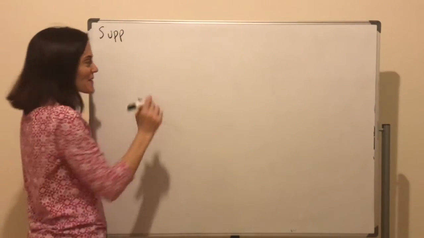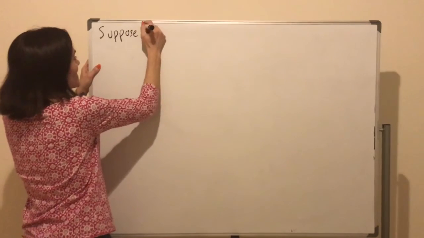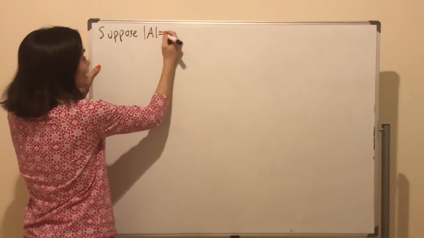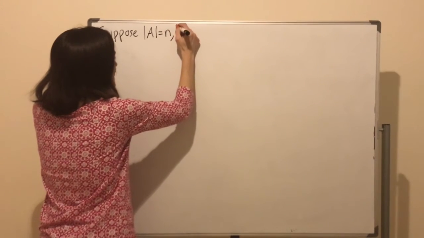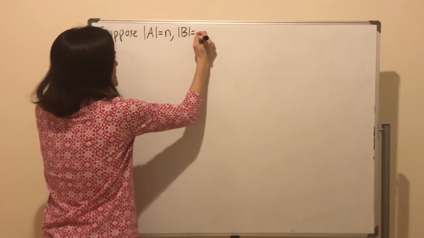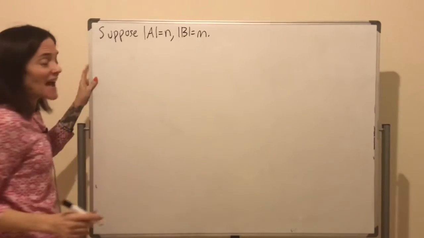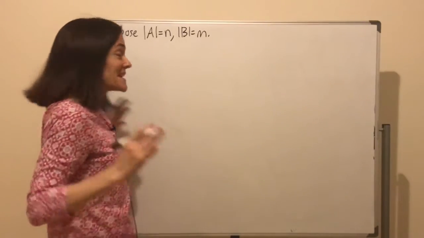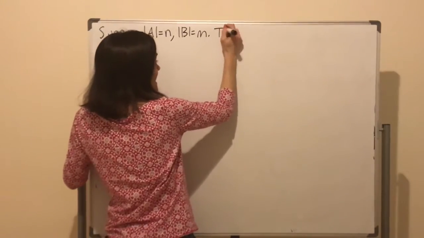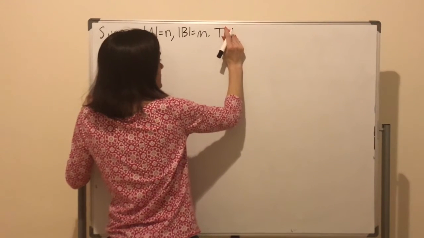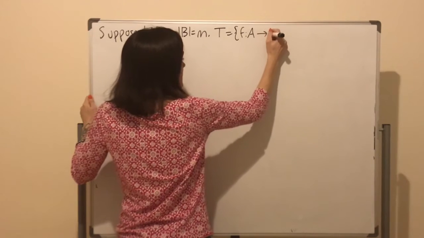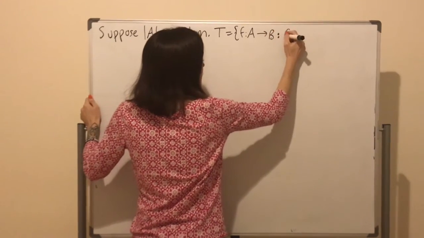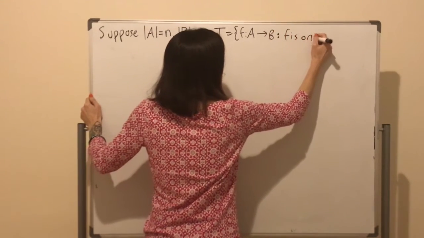Okay, we'll be okay. So suppose the cardinality of A is n. Cardinality of B is m. And now, because I want to count them, I'm going to give it a name. Let's say T is the set of all f from A to B, such that f is onto.